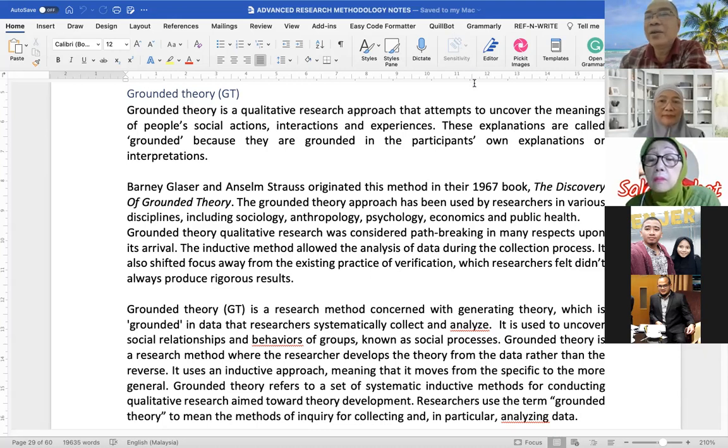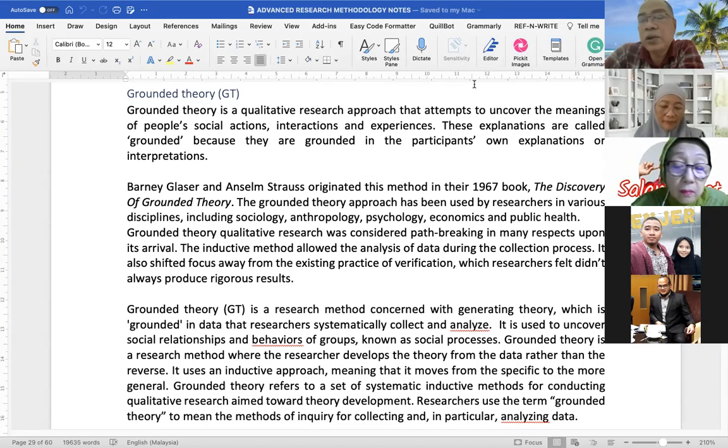And then later on, after passing colloquium one, you will have to prepare for the proposal defense. You can use assignment 2 for the proposal defense. And then you discuss with your respective supervisors on how to improve assignment 2 to prepare for the proposal defense.